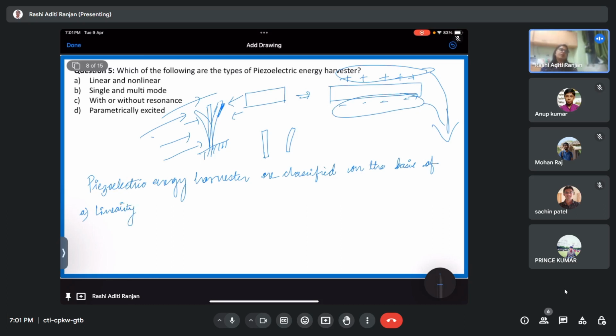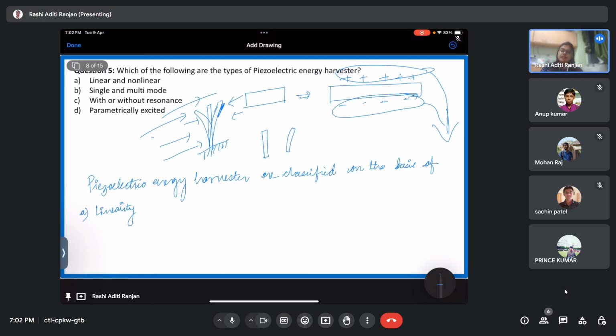So as I told you, I have the option, right? And depending upon the application, if my application involves very small deformation of my piezoelectric material, or at least deformation which is inside the linear zone of the material, then I can say that my material is behaving linearly.